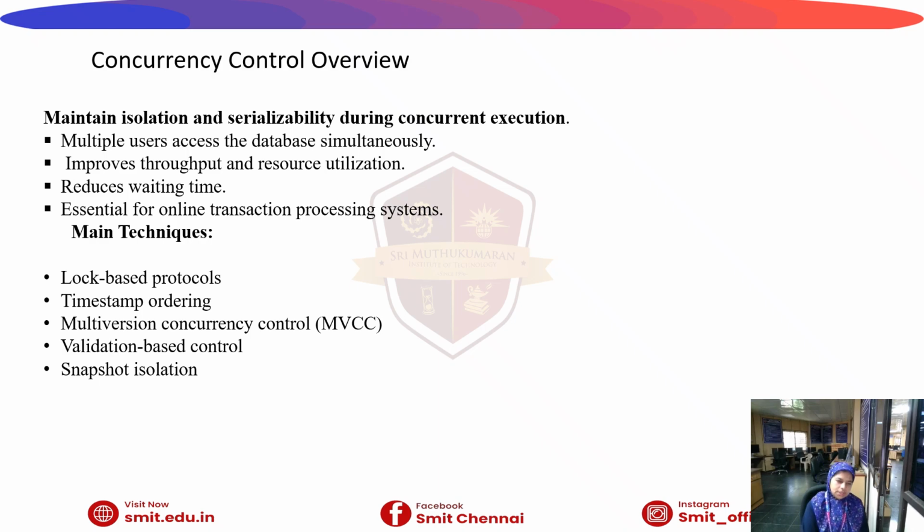Multiple users access the database simultaneously, which improves throughput and resource utilization, reduces waiting time, and is essential for online transactions. The main techniques are log-based protocols, timestamp ordering, multi-version concurrency control, validation-based control, and snapshot isolation.